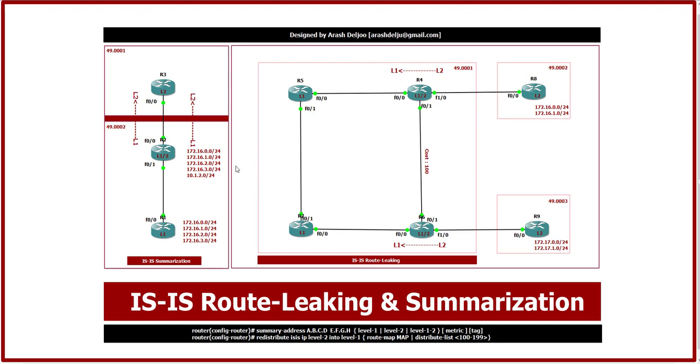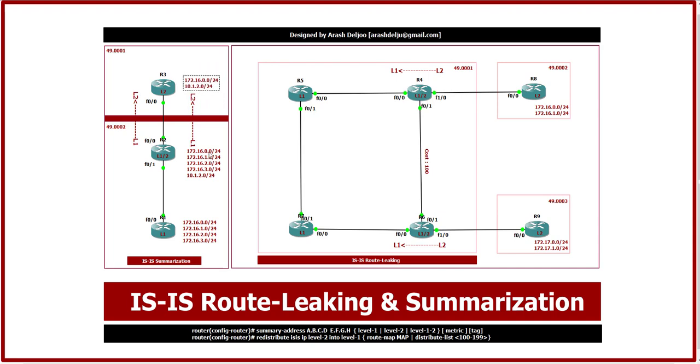How can we configure it? I am going to talk about the command, but before the configuration, if you configure summarization, R2 should only advertise the summary of the subnets into the L2 database. For example, instead of these 5 networks, it can advertise 2 networks inside the L2 database.